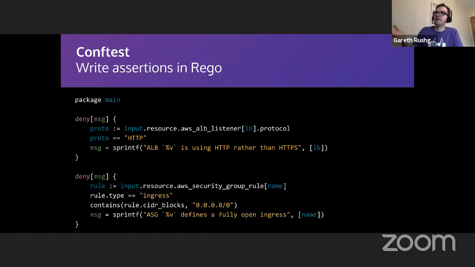Here, the first example is simply extracting out the protocol from any AWS ALB listeners. And wherever it finds those, it basically throws up one of those failure messages. It denies the request.